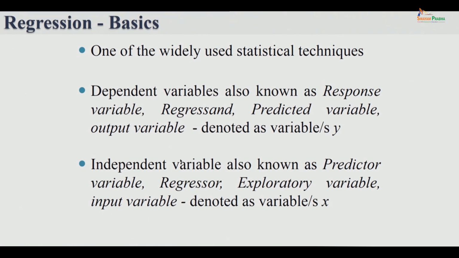We will not use the other terms in this talk. The independent variable is denoted by the symbol x typically. Let us for the simple case assume that we have only one variable which we denote by x, the independent variable, and we have another variable called the dependent variable which we wish to predict, and we will denote it as y.